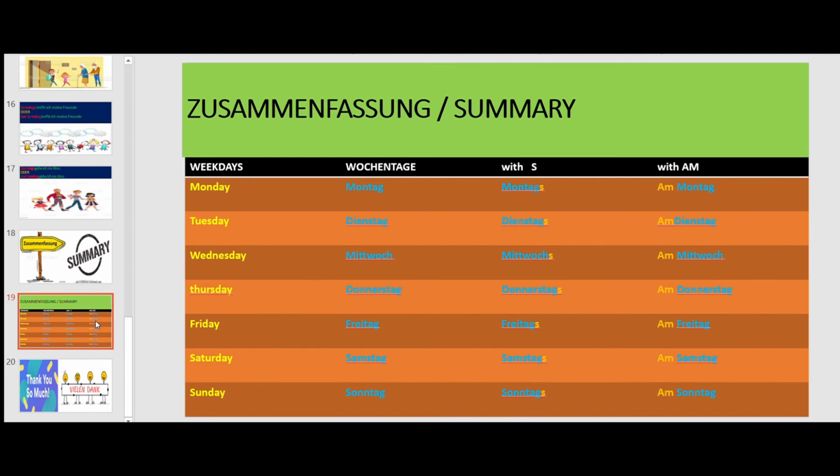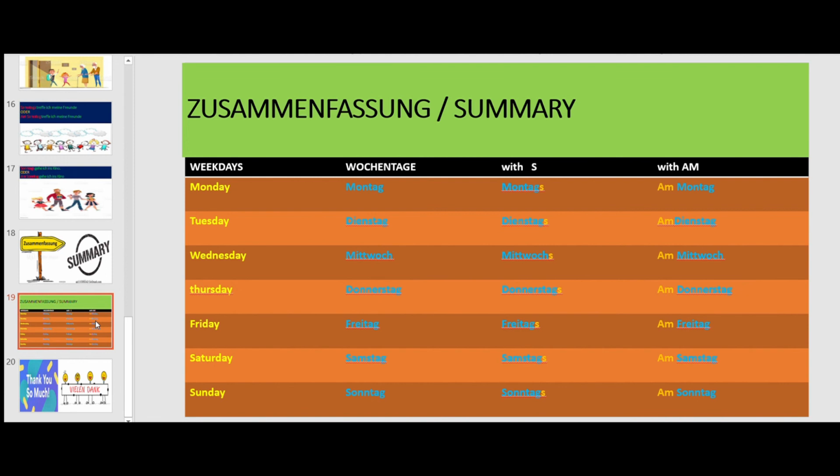Wednesday also is different. Mittwoch, but we can always remember it by relating it to the literal meaning. Mit means in the middle and Woch comes from Woche. Woche is week, so the day which comes in the middle of the week is Mittwoch.